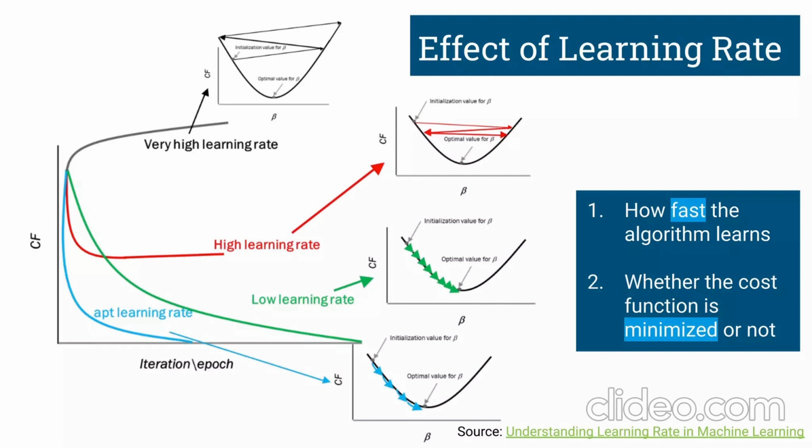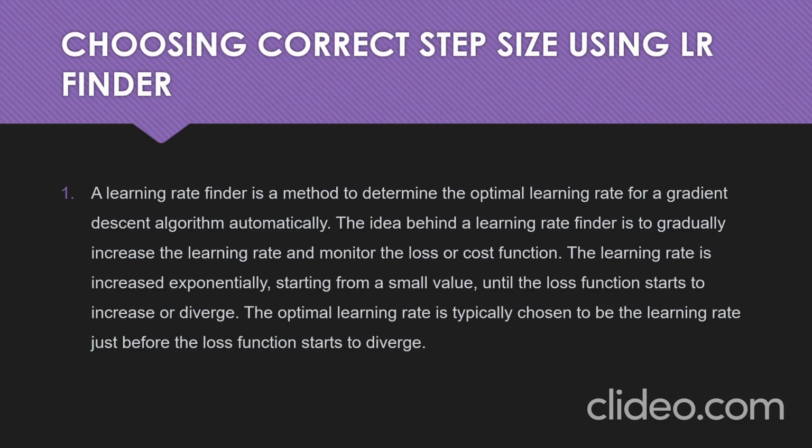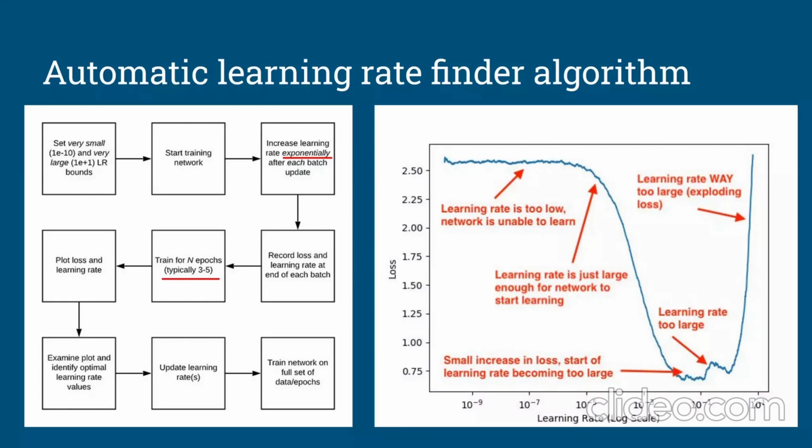Now to choose the correct step size, we will use the LR finder method. In this method, what we do is first choose a very small step size and increase the step size exponentially after every iteration. As we increase the step size, we will get a graph of loss function versus learning rate.